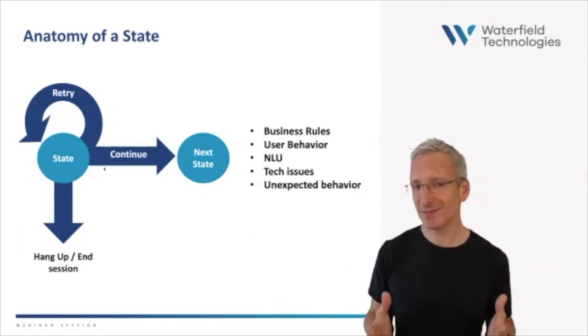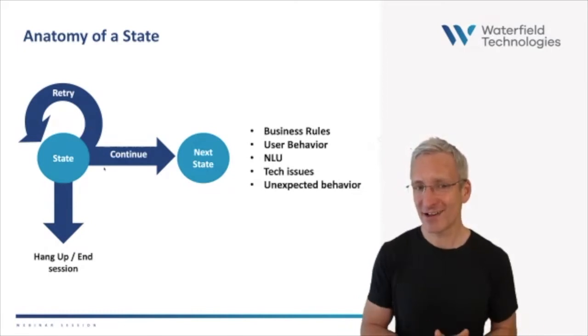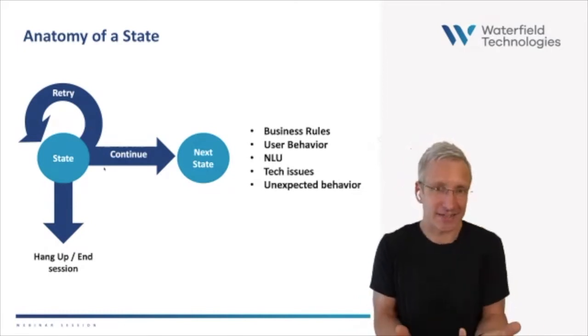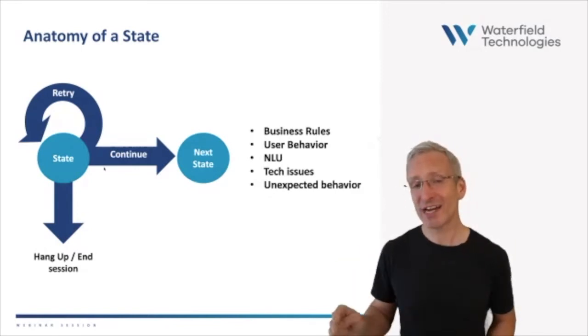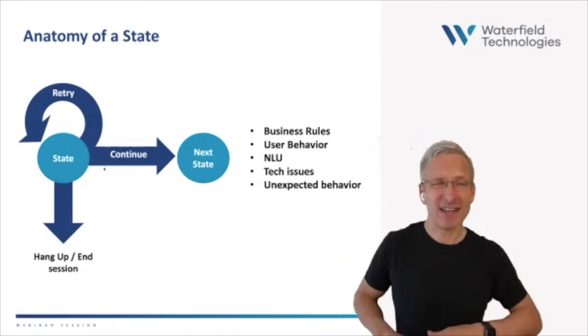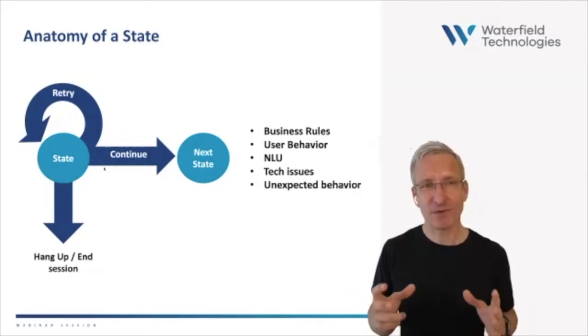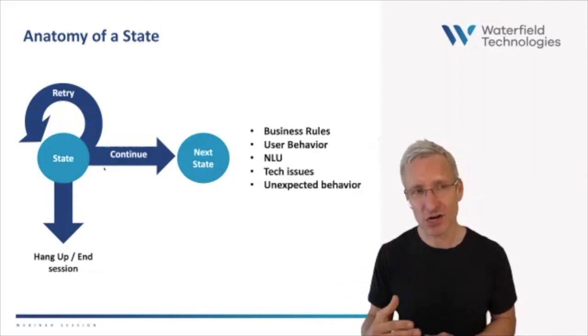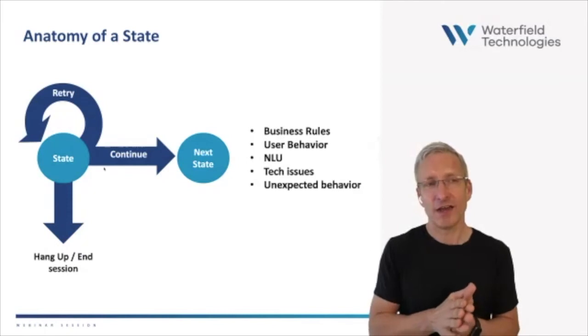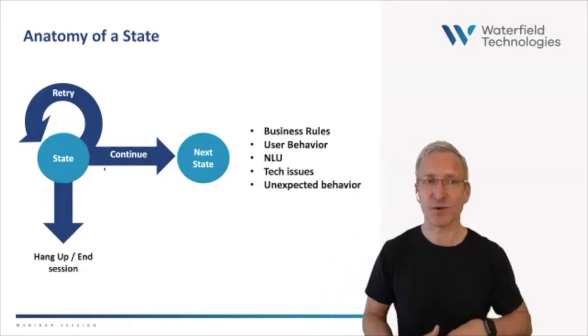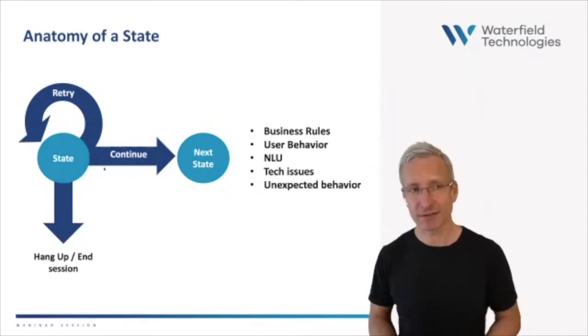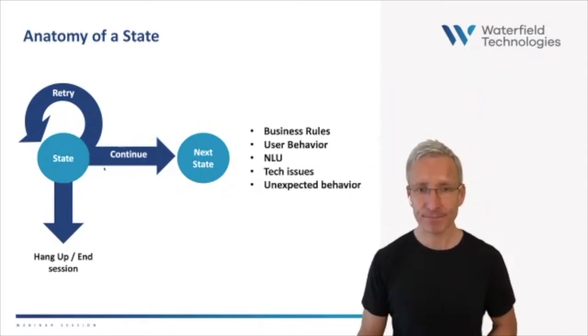So when the system doesn't behave as designed, and this is typically because there's a bug when the design was implemented, or there's been a change that wasn't documented. But ultimately, there's a lot of different things that can happen within a state that help us diagnose why not as many customers as we'd hope, for example, are progressing to the next state, and instead we're getting retries, or we're getting customers hang up, or we're hanging up on them.